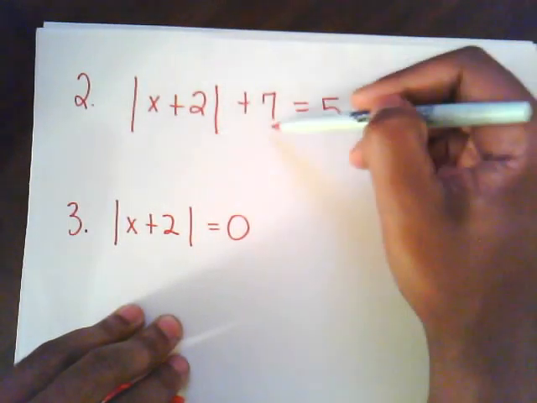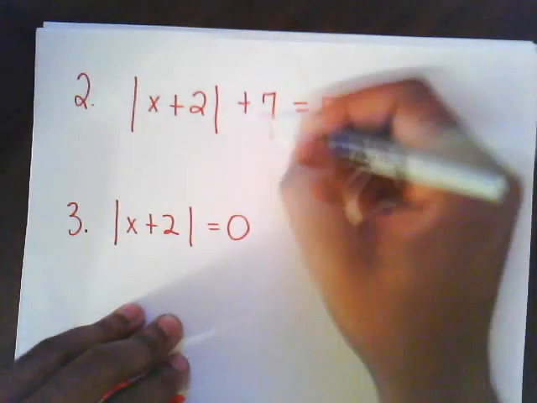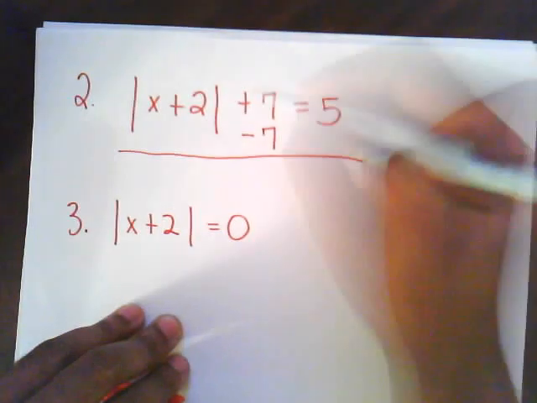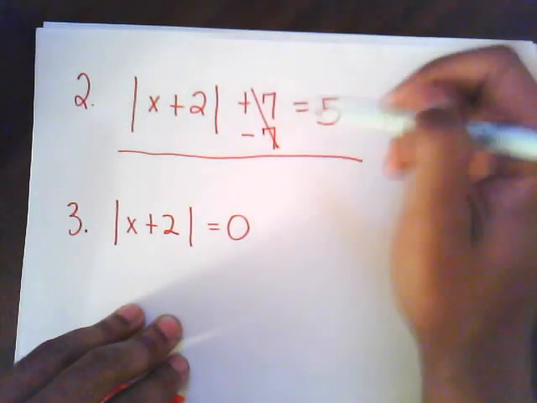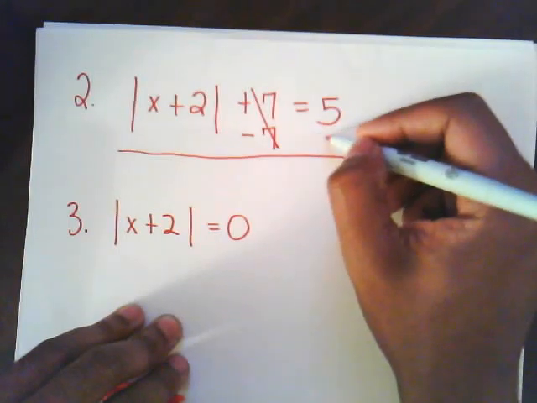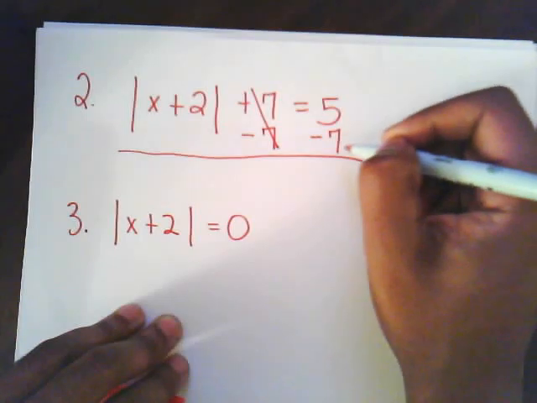So we have to get that 7 out of there. It's a positive 7, so the inverse of positive 7 is negative 7. 7 minus 7 is 0. We also subtract 7 on the other side. 5 minus 7, put it in the calculator.